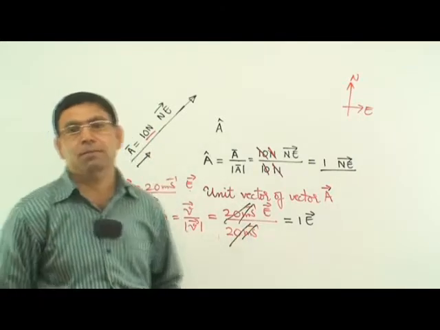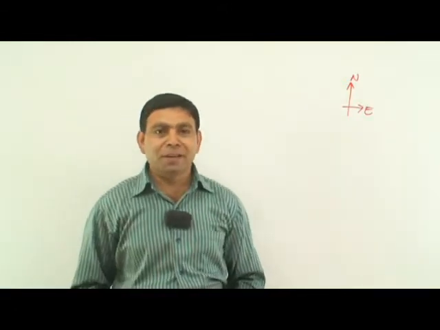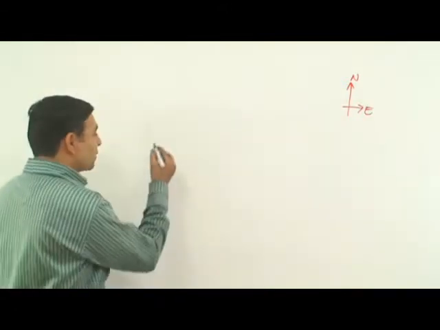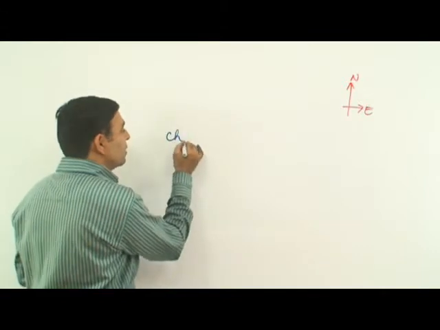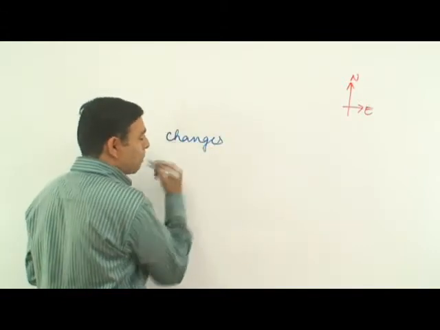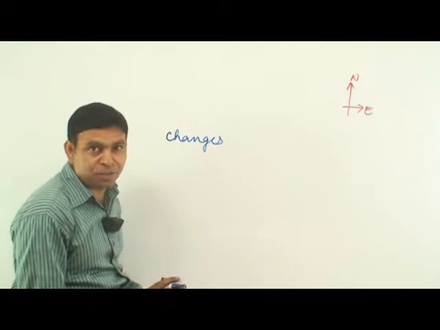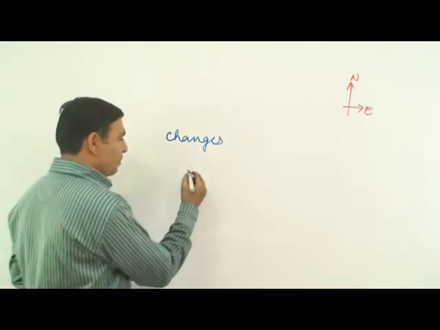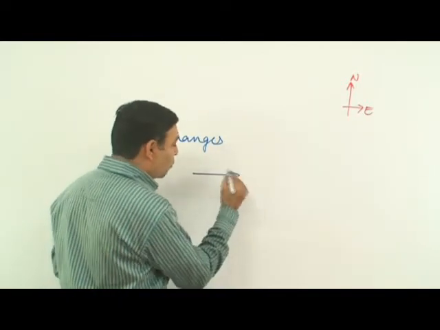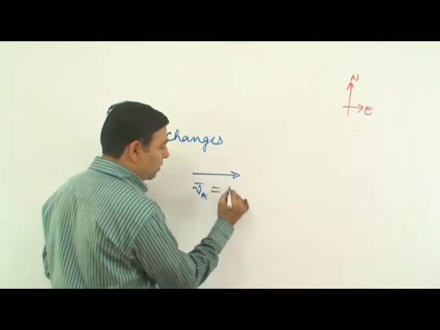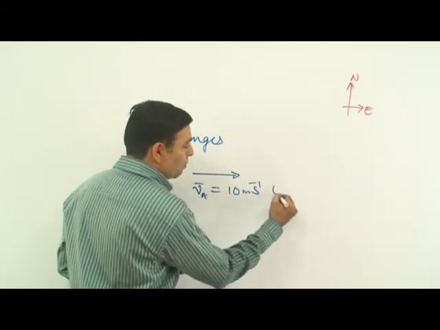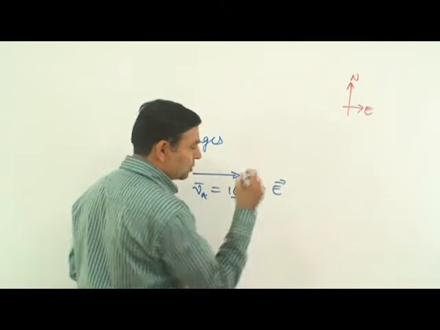Fine. And when do you think a vector changes? Obviously a vector changes if there is a change in its magnitude or direction or both. For example, suppose you are driving a car towards east with a velocity of 10 meter per second. Magnitude is 10 meter per second, direction is east. Fine.